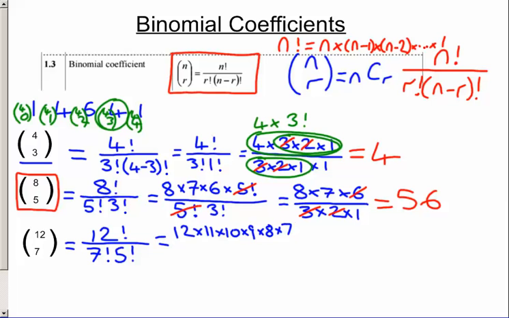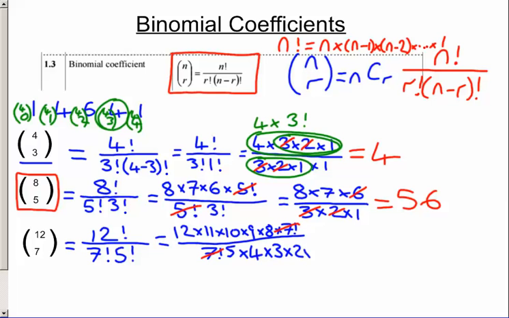On the bottom, 7 factorial, 5 factorial. The 7 factorials cancel out, and then we can write it out again, or we can just think, well, instead of writing 5 factorial on the bottom there, we can get rid of the exclamation mark and write it as 5 times 4 times 3 times 2 times 1.